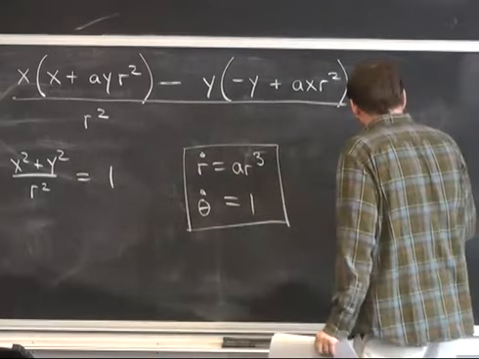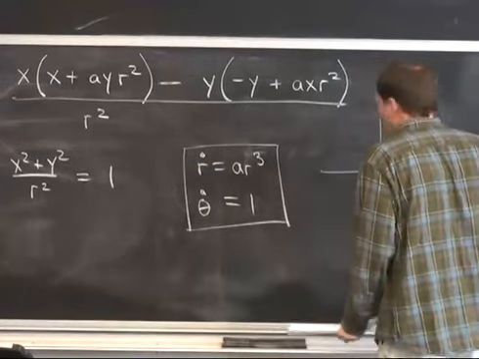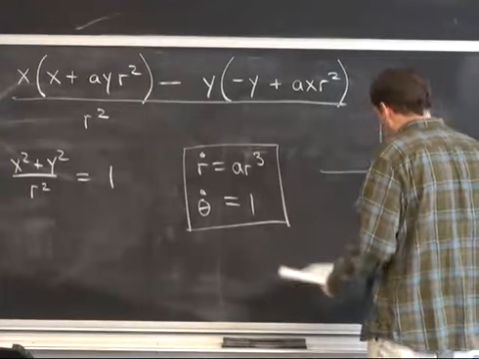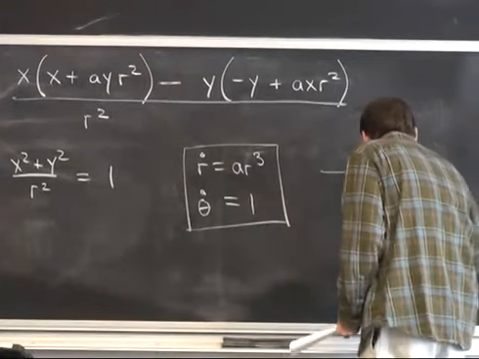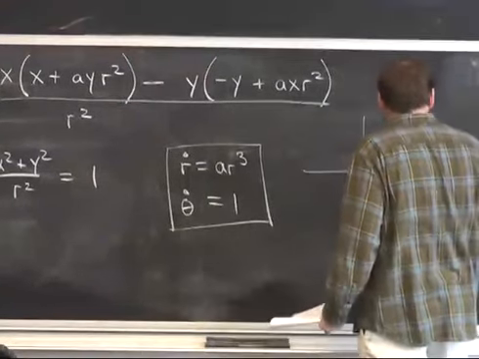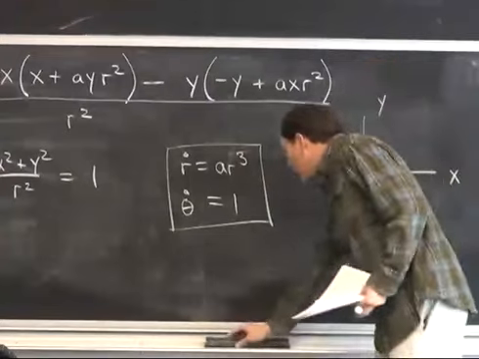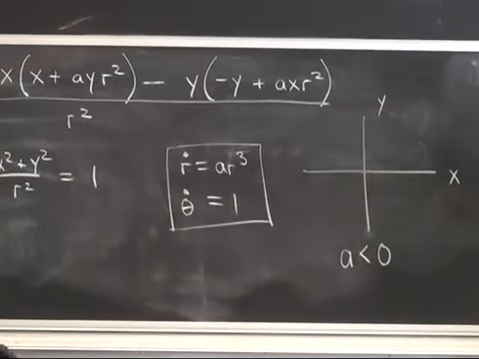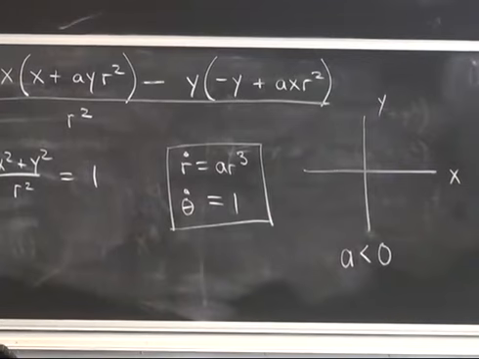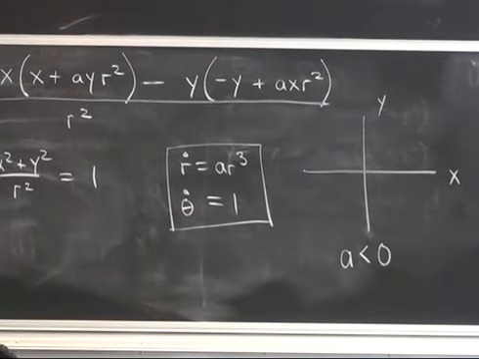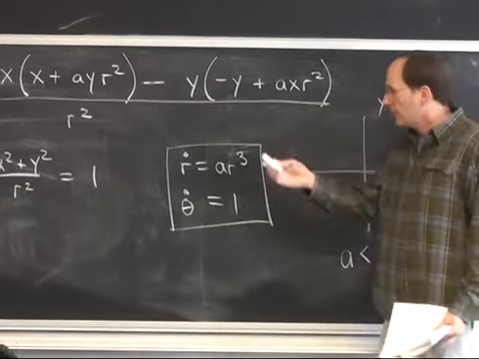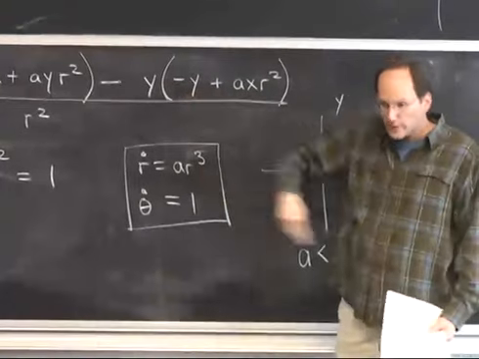Just think about a typical point. Let's try, say, for instance, what happens if A is negative in the xy plane? What's the trajectory going to look like from some typical initial condition? Well, first of all, theta dot is 1. That just means the theta is going to keep increasing.